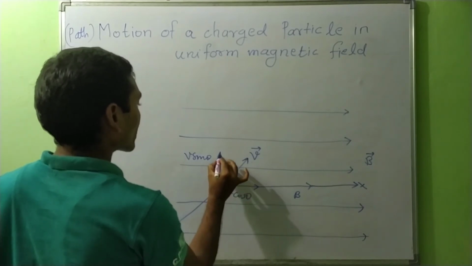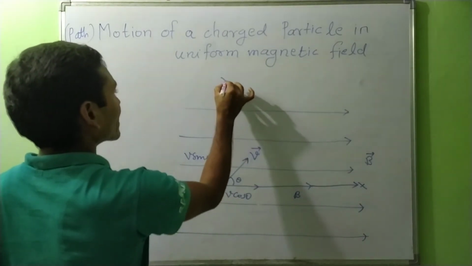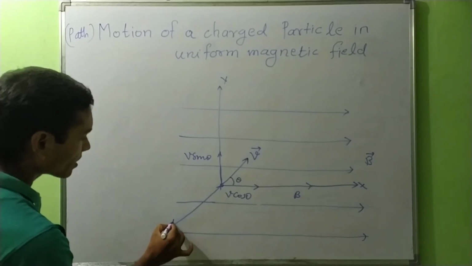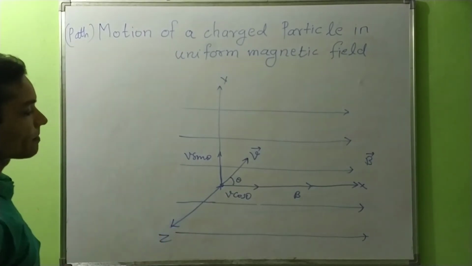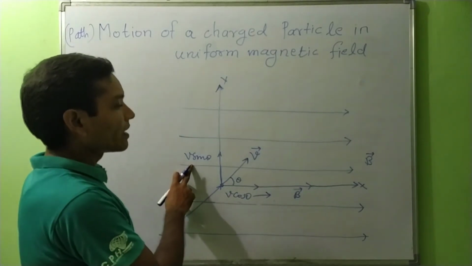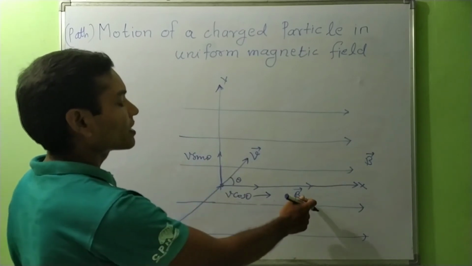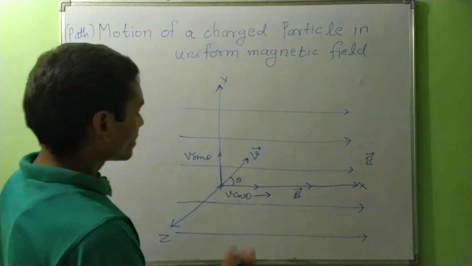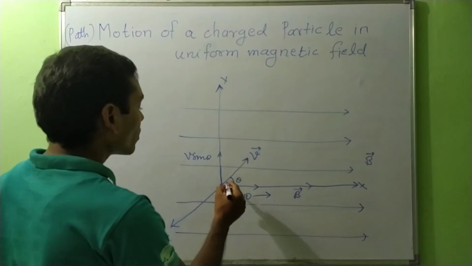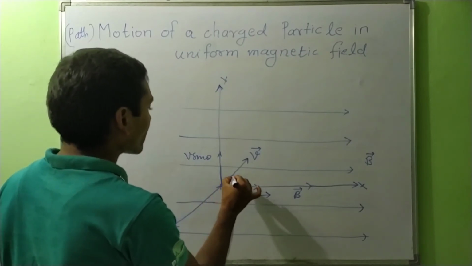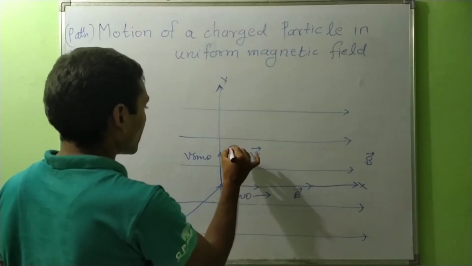Let along this direction the y axis be there, and along this direction the z axis be there. Due to this component perpendicular to the direction of magnetic field, the charged particle will follow the circular path like that.